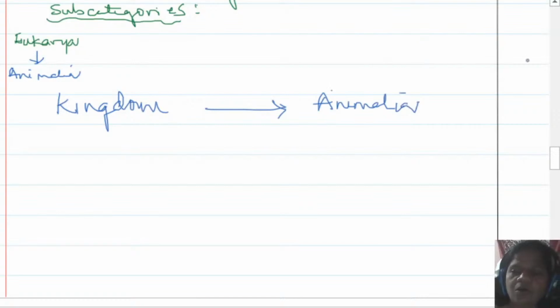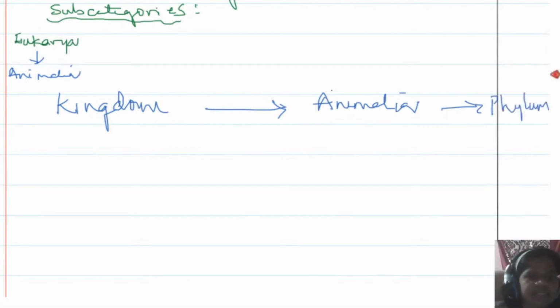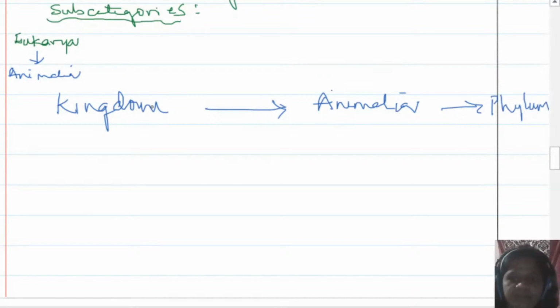We're going to go all the way down to, well, not all the way, but phylum. According to the obligate categories or the main categories, in the kingdom we have different phyla.